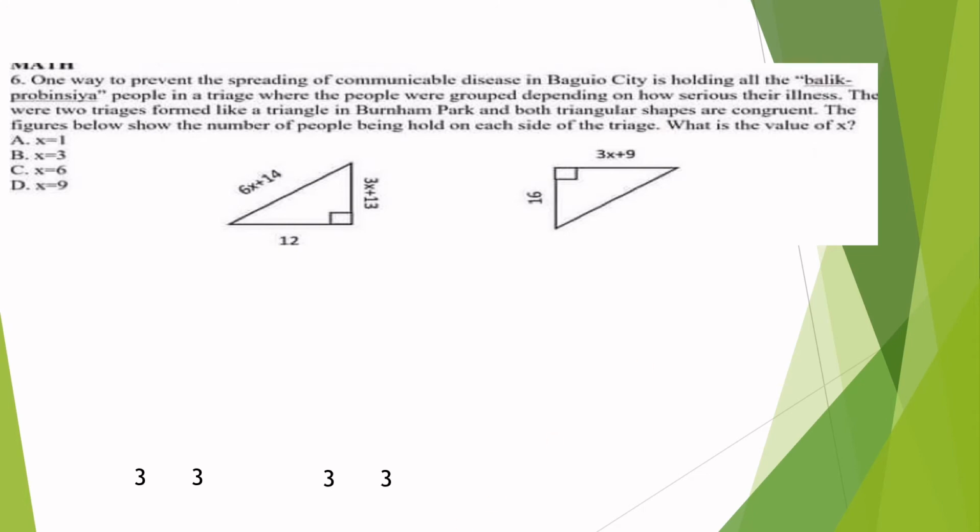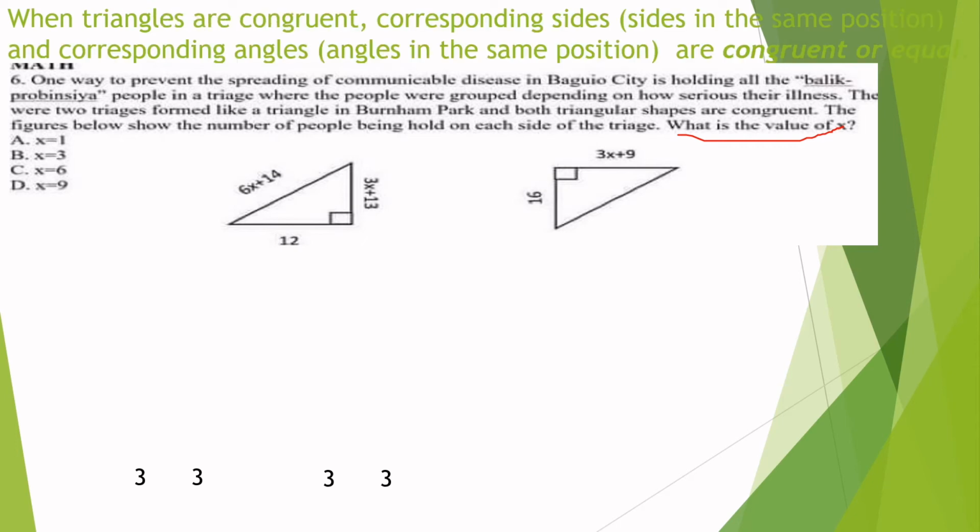Okay, so here, we just need to find the value of x. To find the value of x, we can apply the congruent triangles postulate, that when triangles are congruent, corresponding sides in the same position and corresponding angles in the same position are congruent or equal.